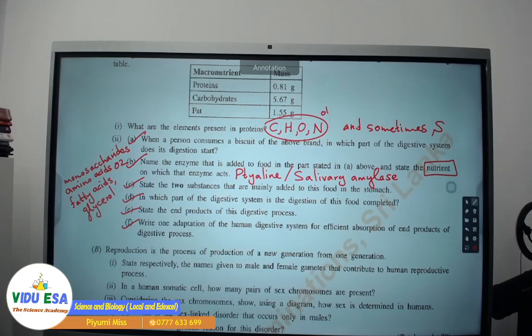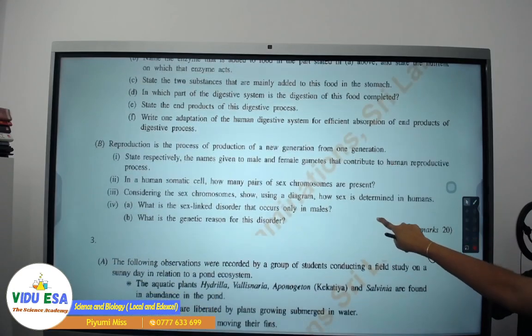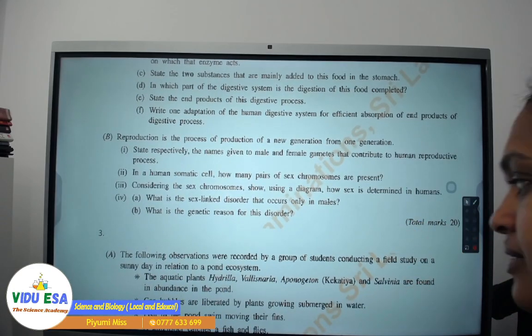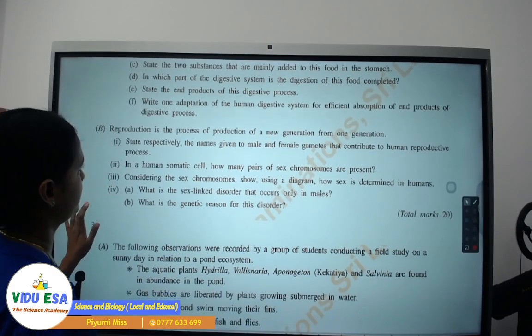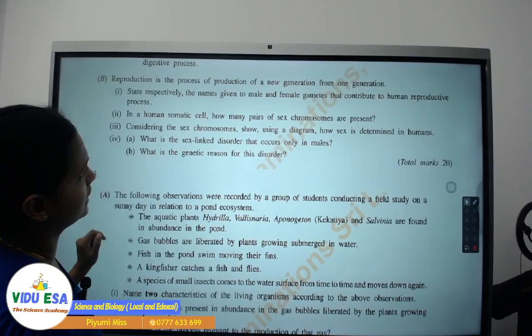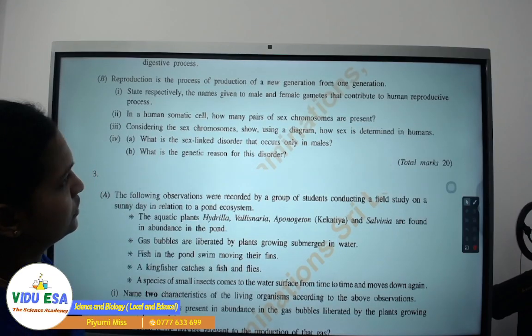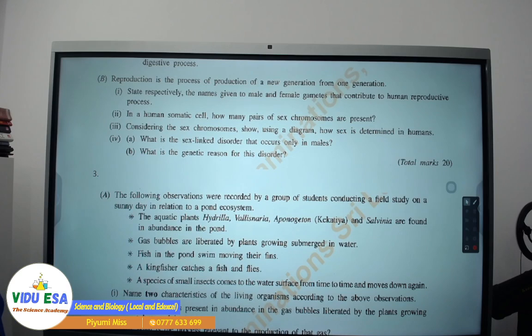Then in part B, you are asked about the reproductive process. Reproduction is the process of production of a new generation from one generation. Right? State respectively the names given to the male and female gametes that contribute to the human reproductive process.